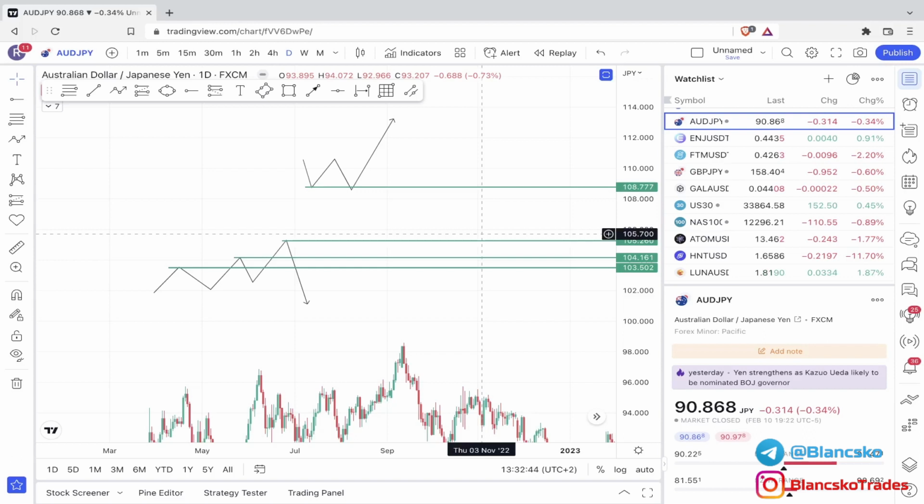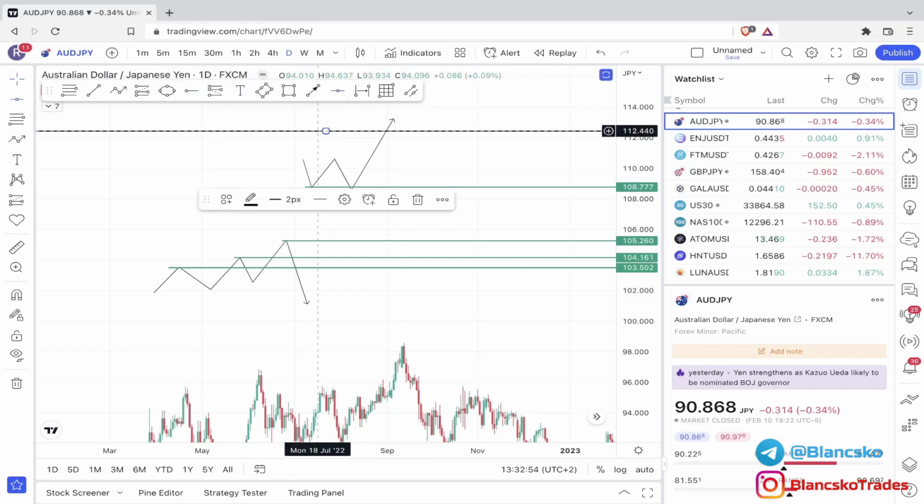The simpler, the better. Now, me personally, I do not like to mark support and resistance levels with horizontal rays or horizontal lines like this.